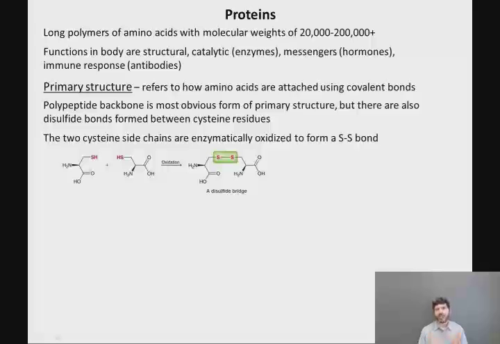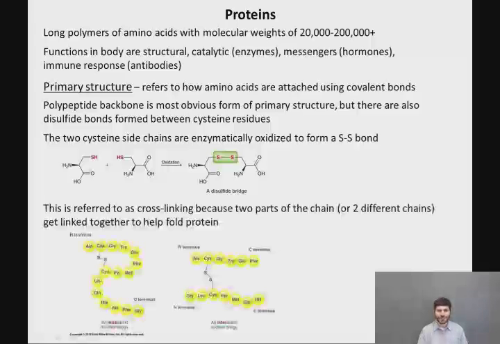But what we also need to talk about are what is called disulfide bonds, which are covalent bonds formed between cysteine residues that are not next to each other. Okay, so cysteine, of course, is the amino acid with an SH on the side chain, and these two cysteine side chains can be enzymatically oxidized to form an SS bond, and that's called a disulfide bridge.